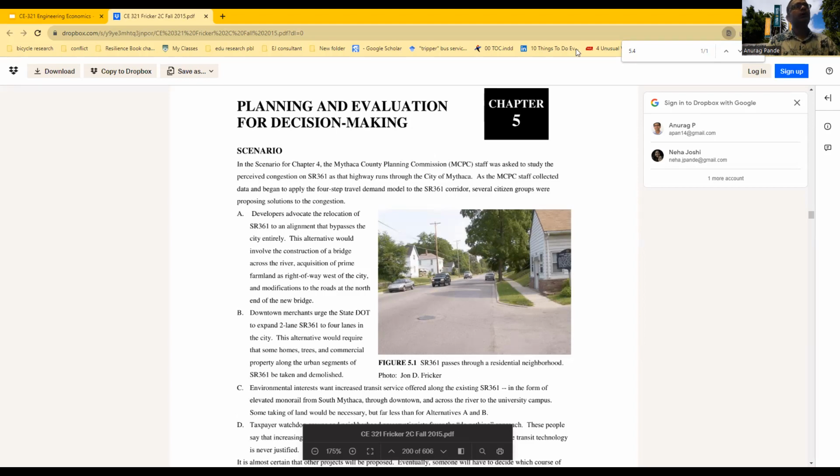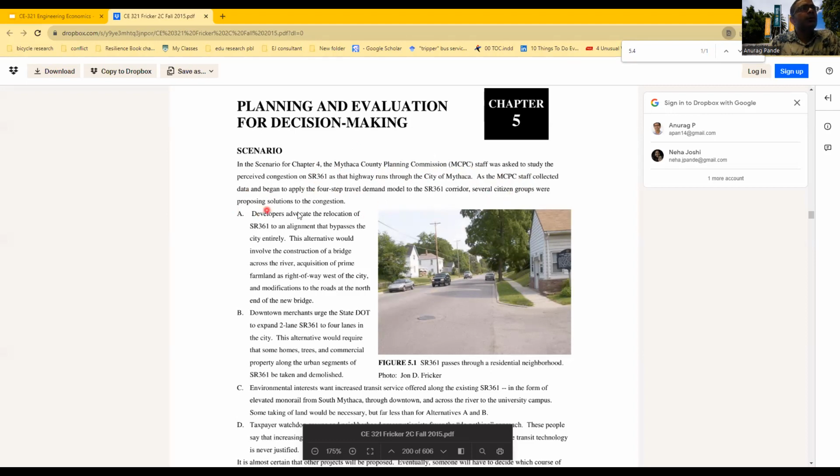So I'm going to go ahead and spotlight this. The Mythica County Planning Commission, MCPC, which is the Metropolitan Planning Organization, MPO, for their location, was asked to study the perceived congestion on SR 361. As MCPC staff, the Planning Commission staff collected the data and began to apply the 4-step travel demand model, which we're going to learn in chapter 4.